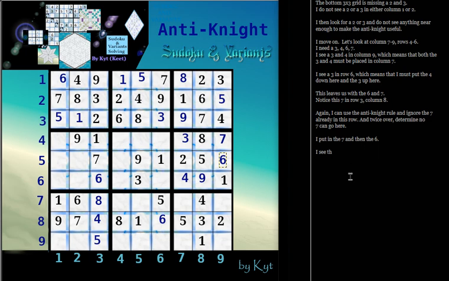I see that in column 9 I need the 8 and 9. I see an 8 in row 7. Thus, I put the 8 in row 9 and the 9 in row 7.